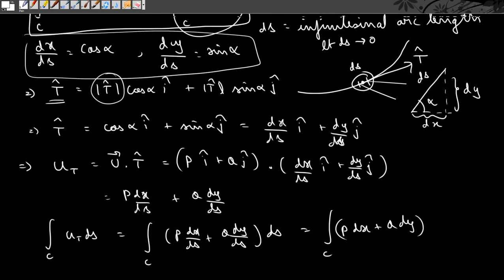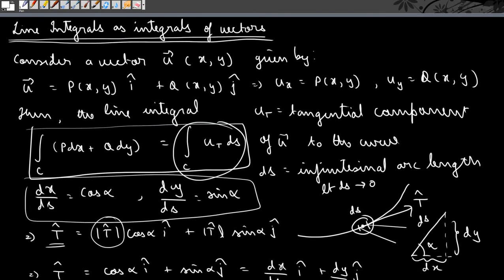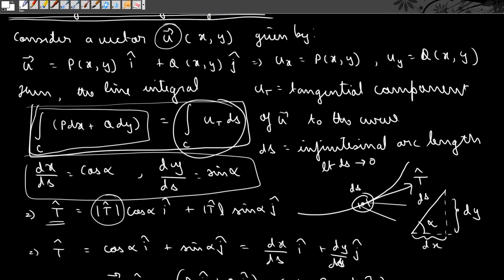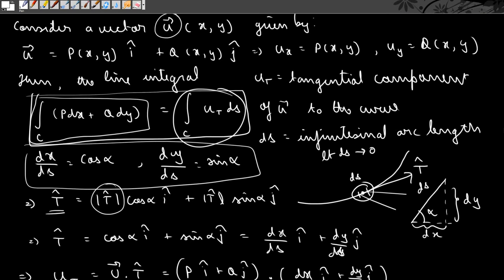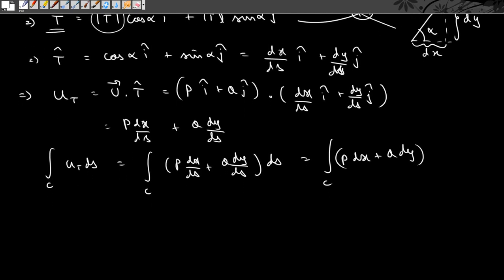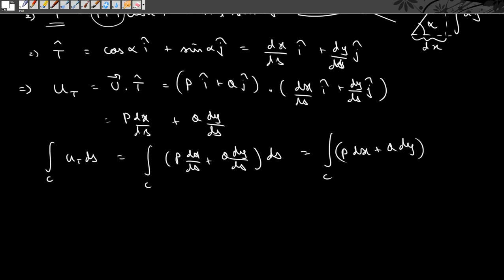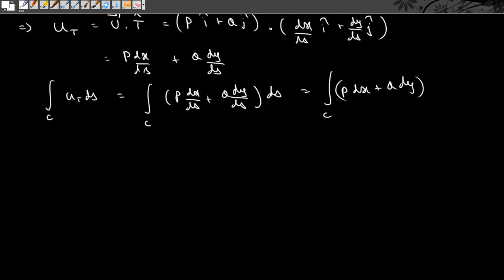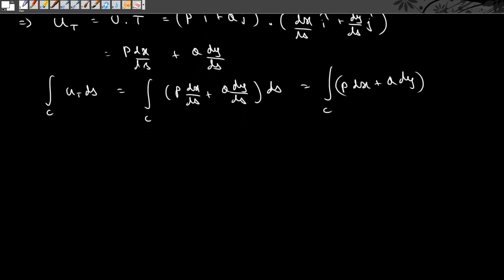Therefore this kind of line integral can be written in terms of the tangential component of the vector u along the curve, integrated with respect to the arc length. So this is the first way in which we can express line integrals as integration with respect to some vector.